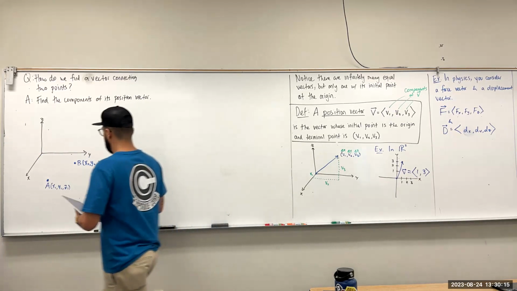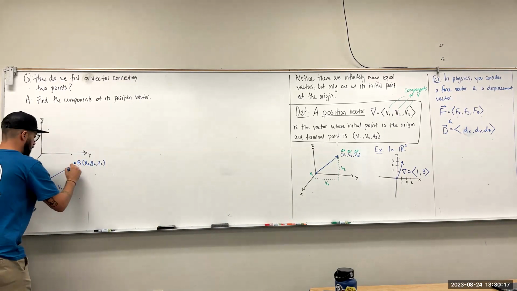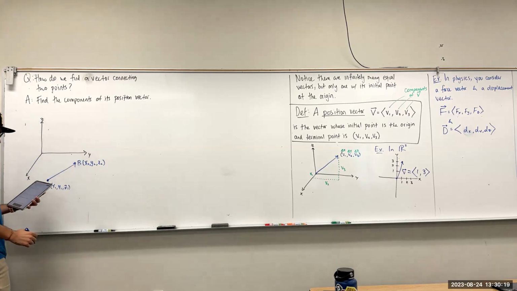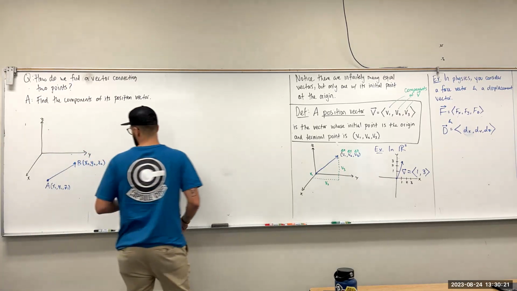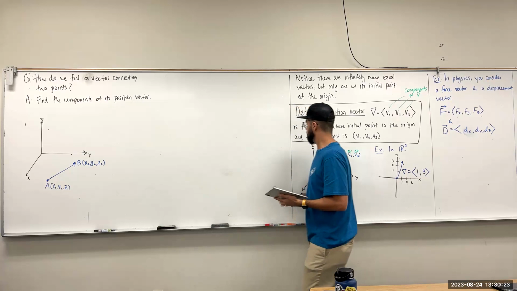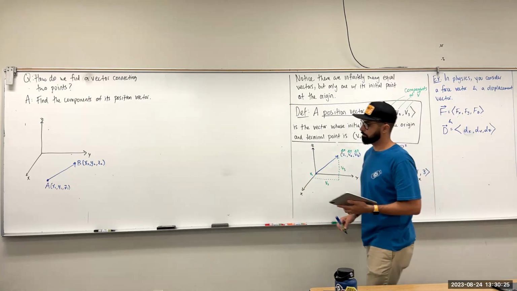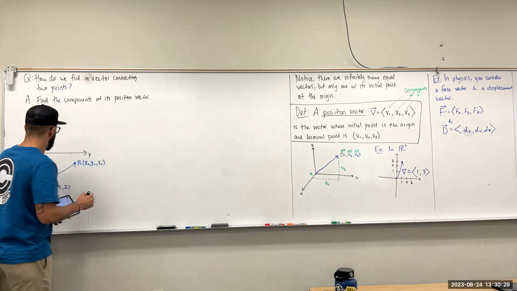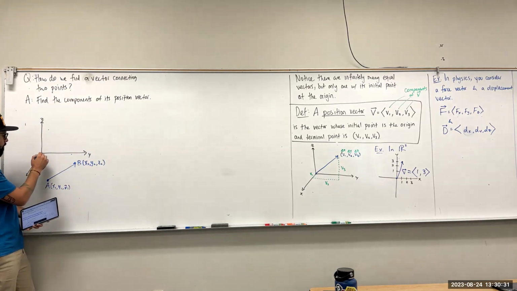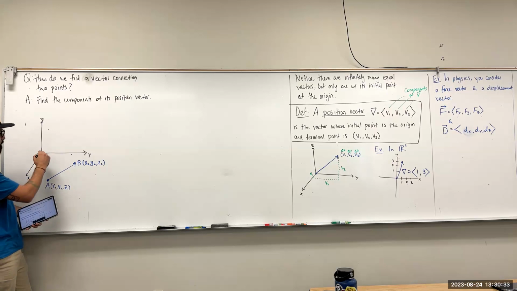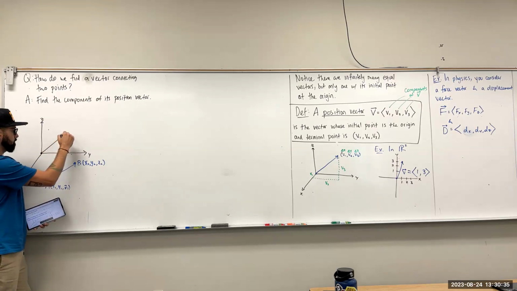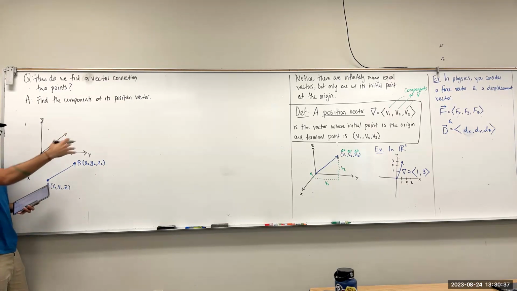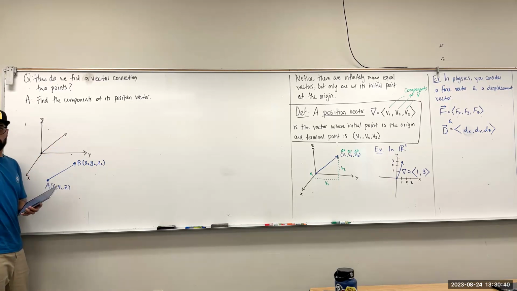And I want to figure out how I can tell someone that vector right there, since it's not located at the origin. So we know it has an equal position vector that has the same magnitude and the same direction.